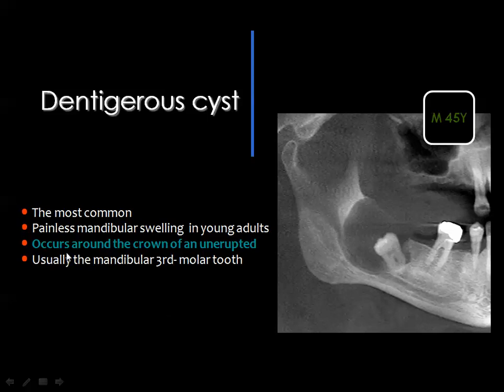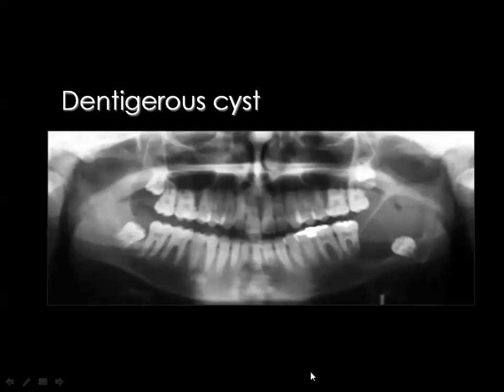You see this is the unerupted tooth, and a cyst surrounding the tooth, and by definition the root of the affected tooth should be outside the cyst itself. This is a good example of a cystic lesion related to the crown of an unerupted tooth, typical of a follicular or dentigerous cyst.